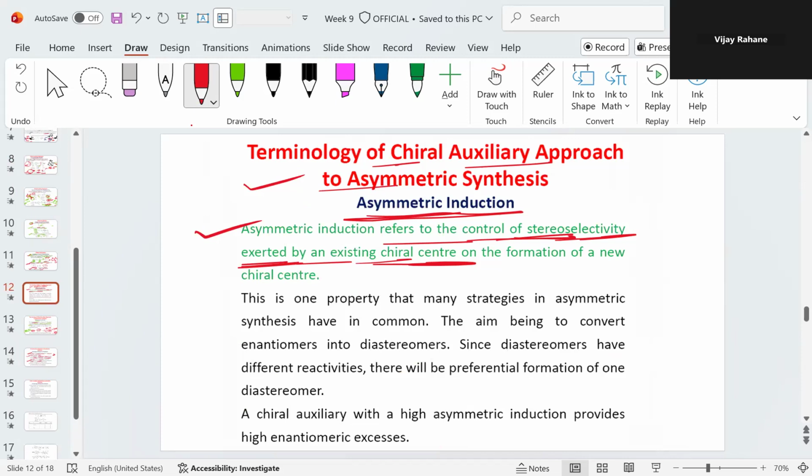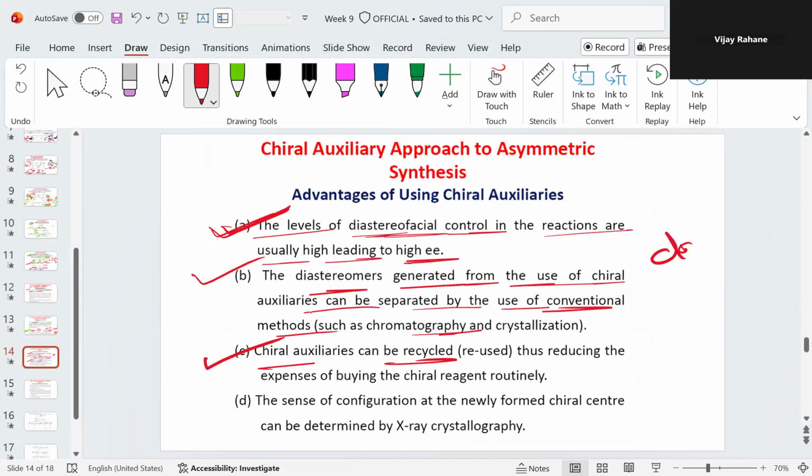So that's what I mentioned here. The advantage of using this chiral auxiliary is that we can recycle it and reuse it for further different reactions. Another advantage is that the sense of configuration of the newly formed chiral center can be determined by X-ray crystallography.